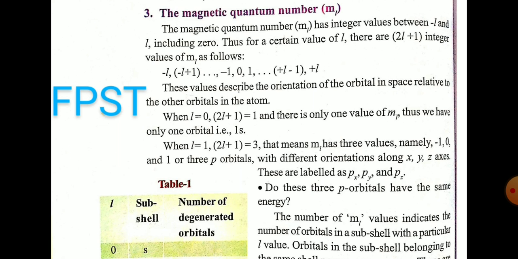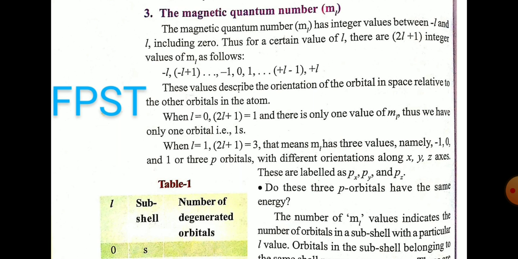The magnetic quantum number is denoted with ml. It has integer values between -L to +L including 0. For a certain value of L, there will be 2L plus 1 integer values of ml, -L to +L including 0.